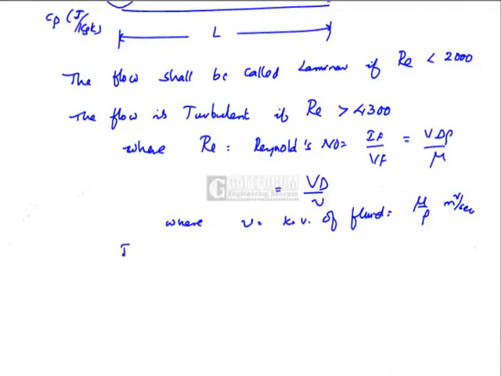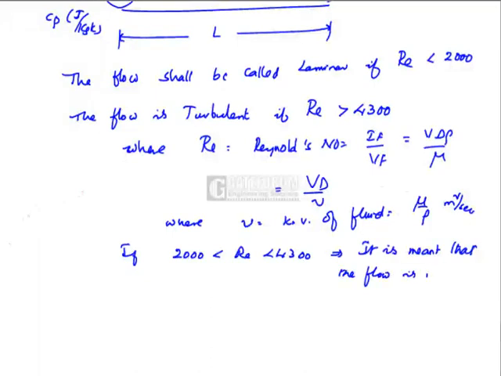If 2000 less than Reynolds number less than 4300, it means that flow is in transition from laminar to the turbulent domain.